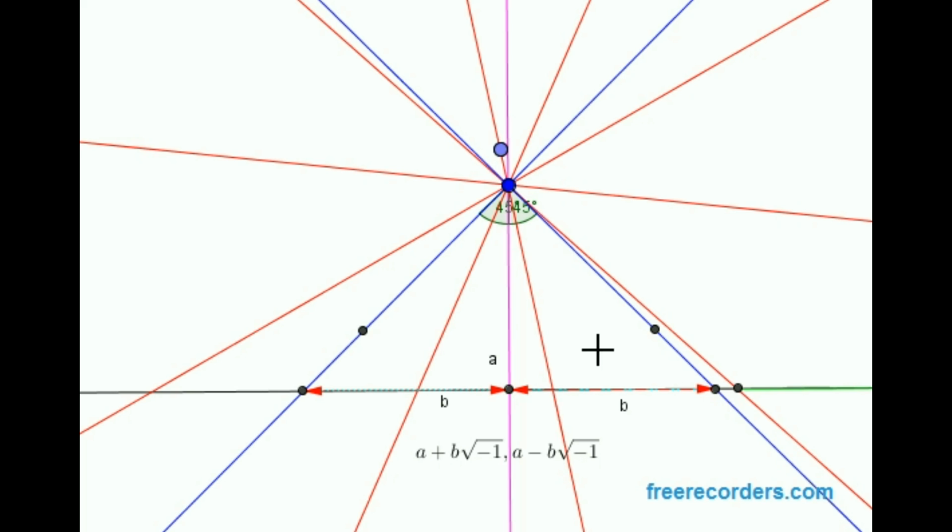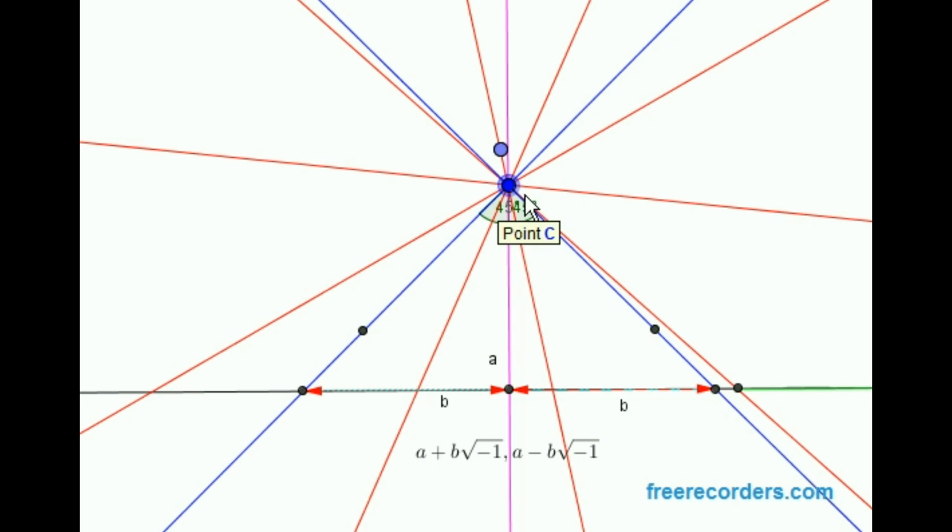How do we find them? Well, we find the real component of the fixed point just by dropping a perpendicular from our centre C of rotation onto our line. And then if we also drop 45-degree angles, now this is a metric notion of course, but it turns out that these things can be defined purely in projective terms.